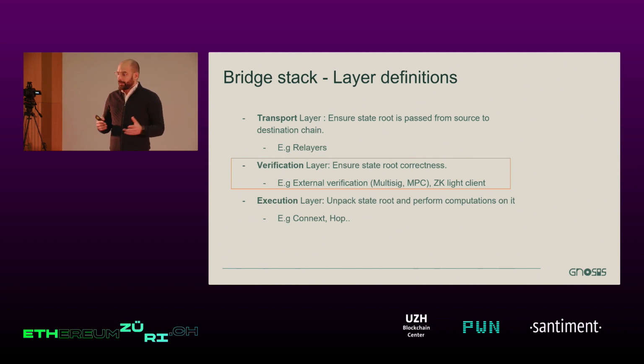And then there are different types of verification: ZK light clients, MPC, multisigs, and so on. And then there's, of course, the execution layer, which is, given a correct state root, do something with it, right? Send some tokens or perform any kind of computation on it.